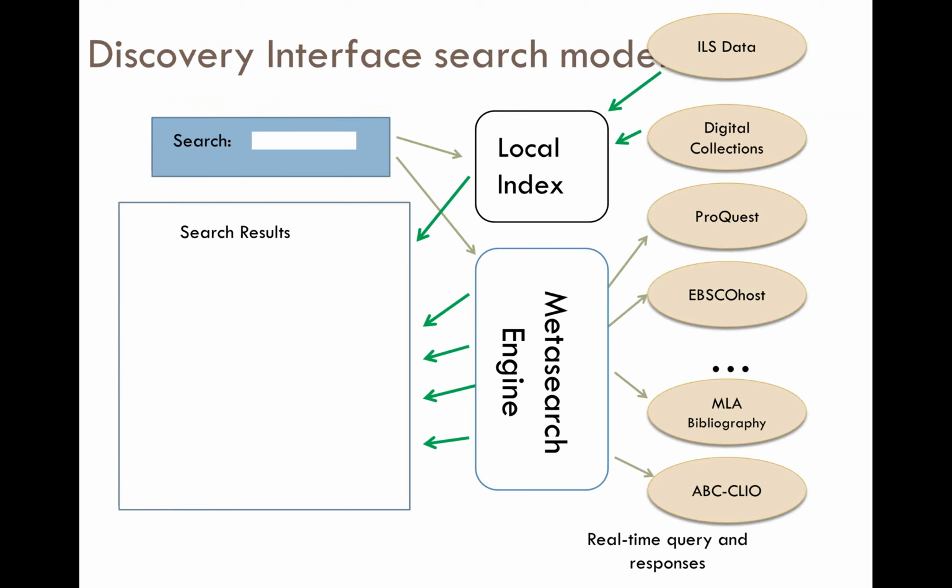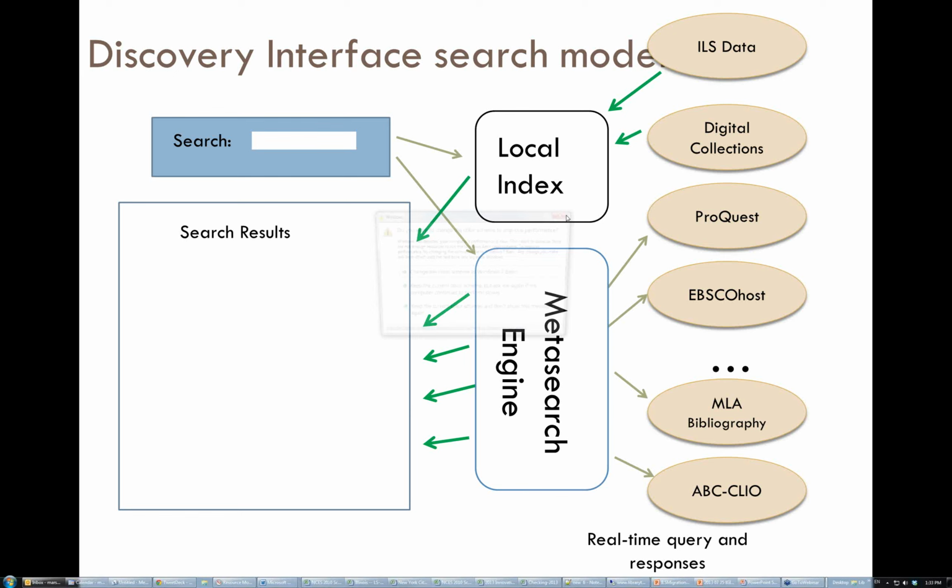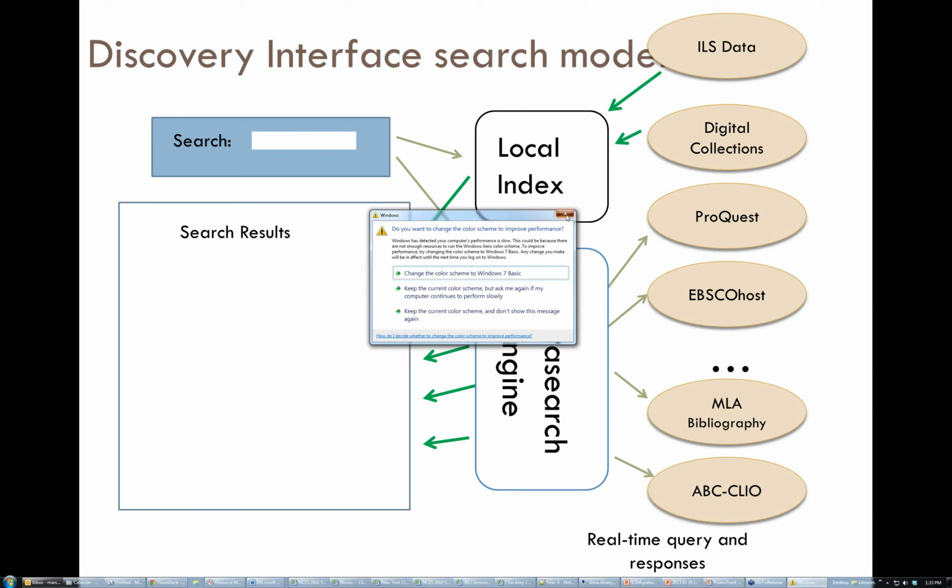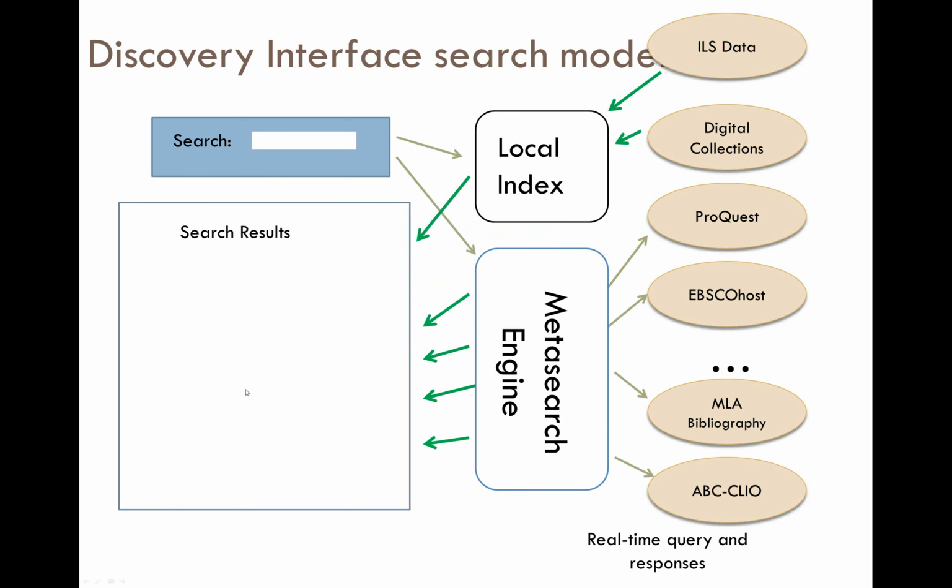You're able to index a few more things, maybe the local collections, but it's still having to go out to federated search or something like that to be able to get at these article level resources that academic libraries are so heavily invested in. And this federated search technology doesn't perform all that well.